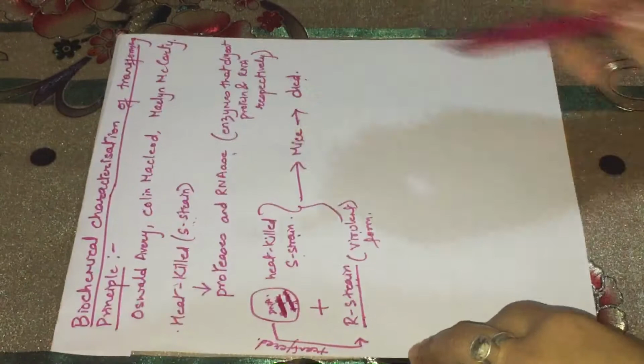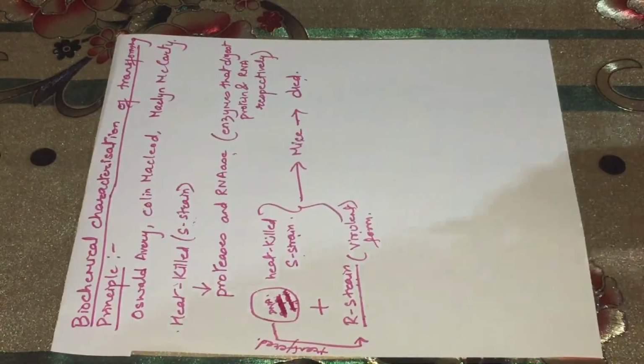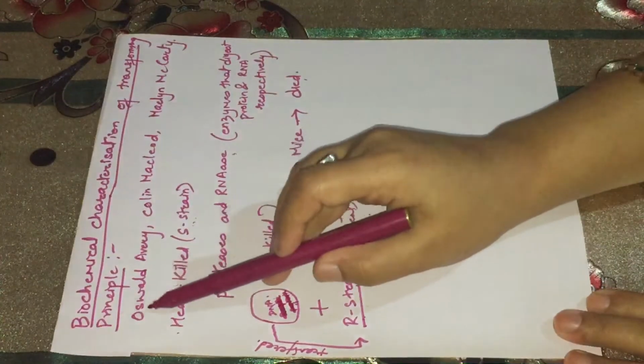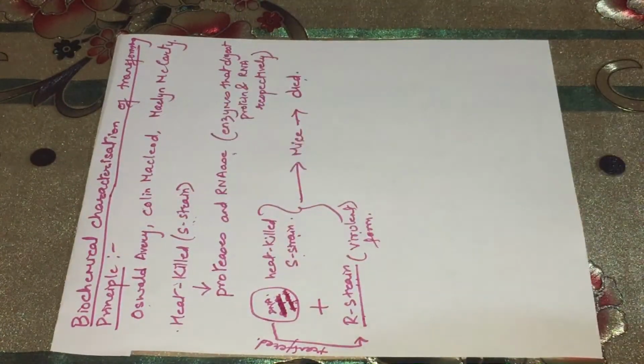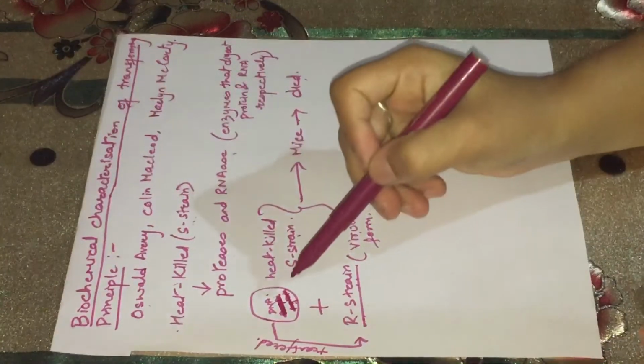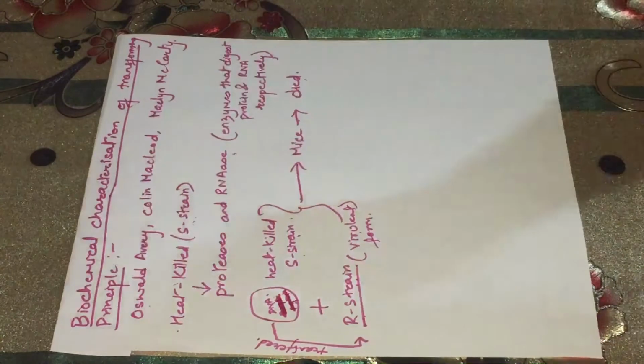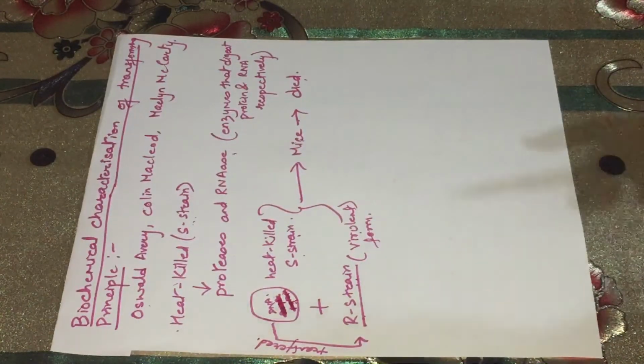So the mice died. That is how these scientists concluded that DNA was acting as the transforming principle.